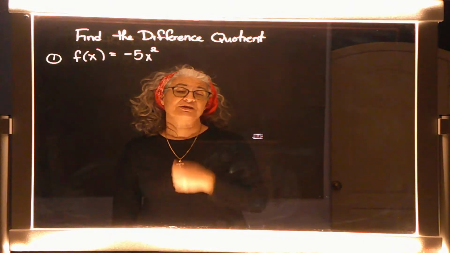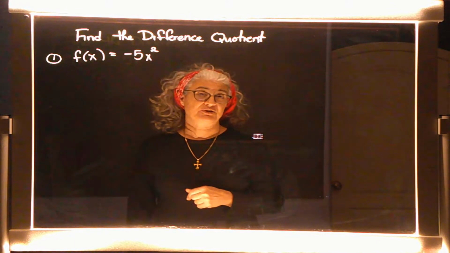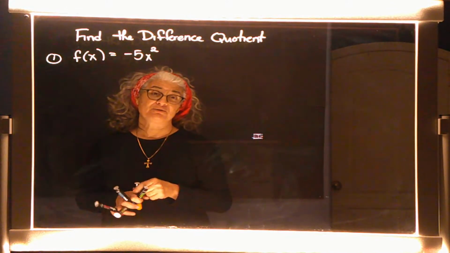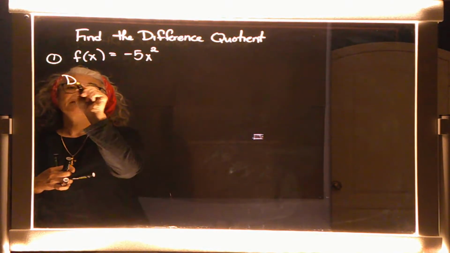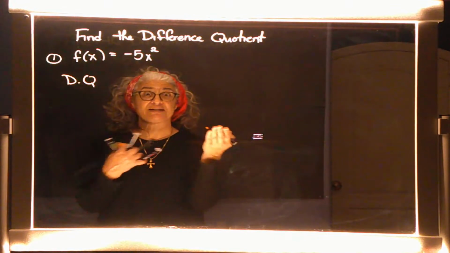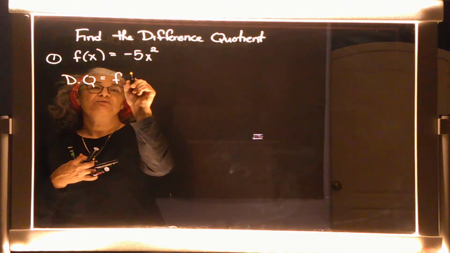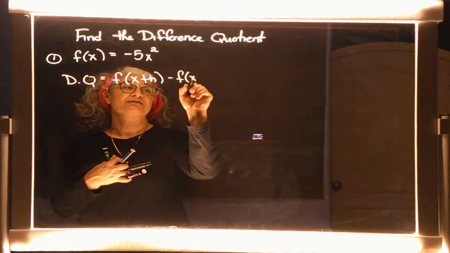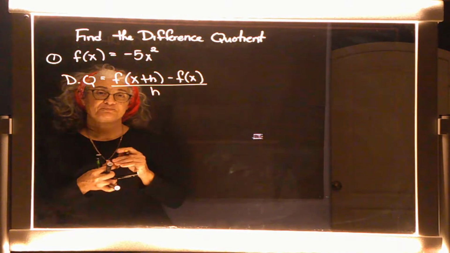All right, so let's look at this example. They're asking us to find the difference quotient for this particular function. So first off, when they ask me to find the difference quotient, I always write the formula down. Why? Because I want to know what it is I need to work with. So the difference quotient is equal to f of x plus h minus f of x all over h, right?